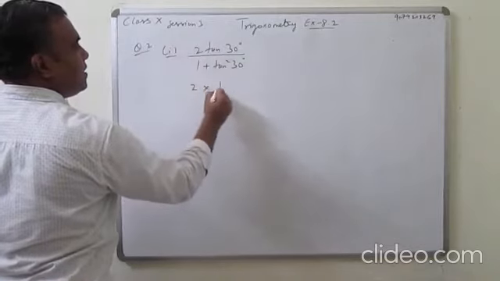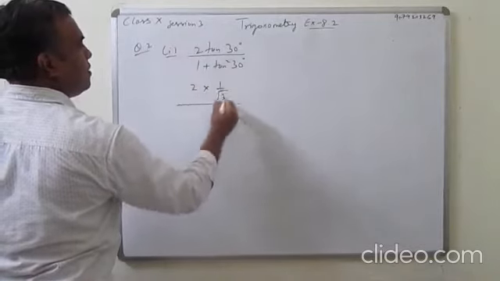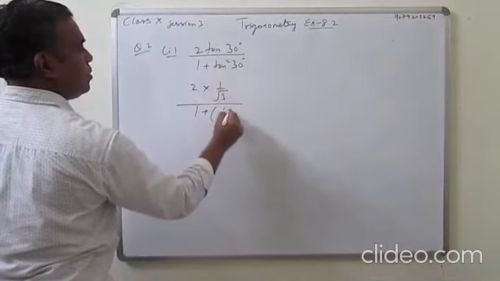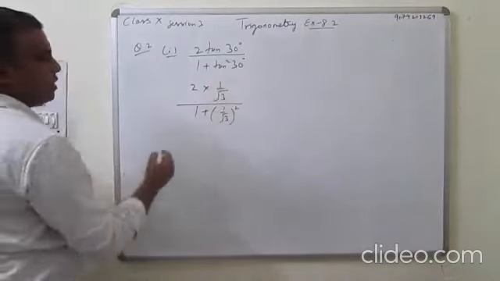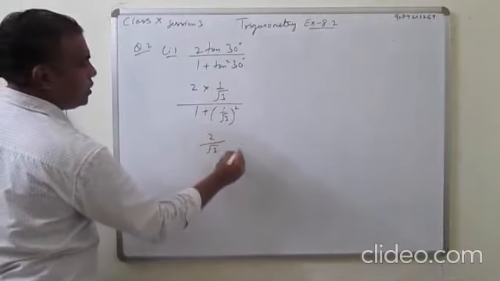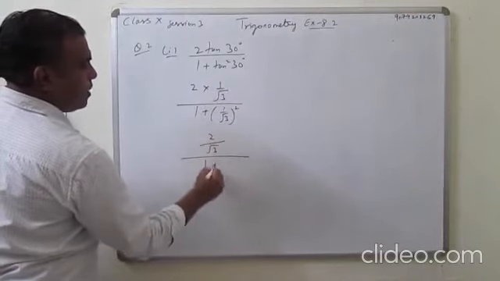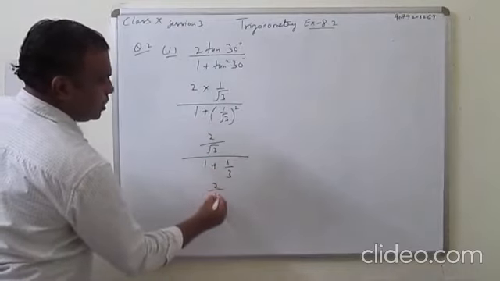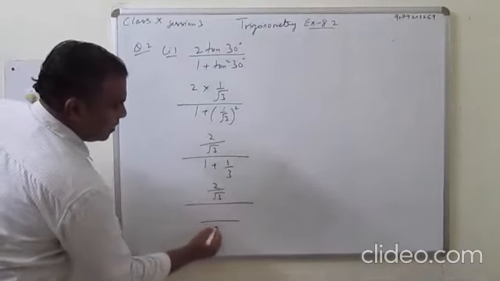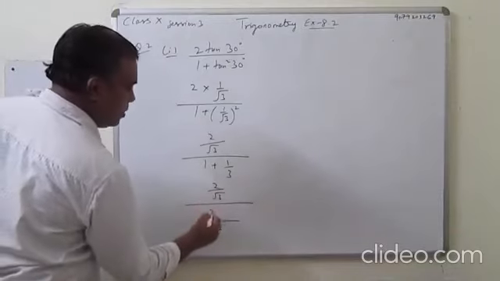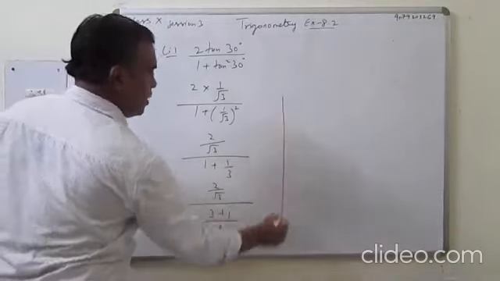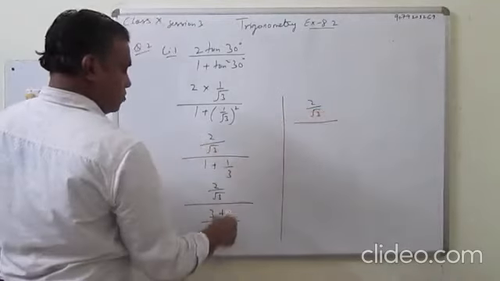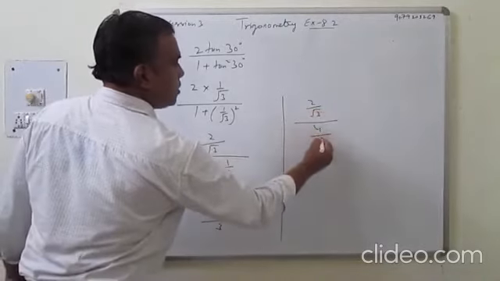what is tan 30? 1 by root 3. 1 plus tan square 30, 1 by root 3 whole square. So it becomes 2 upon root 3, in the denominator 1 plus 1 upon 3, LCM 3, so 3 plus 1, it becomes 4 upon 3.